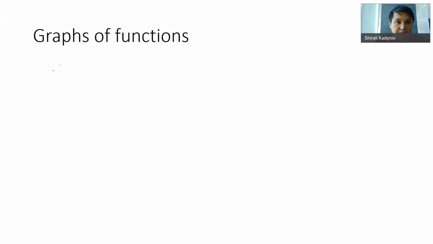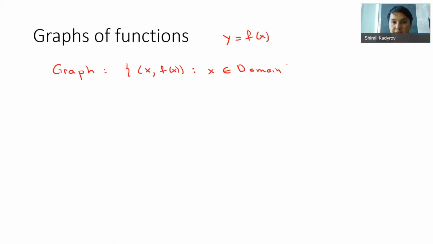So basically, if you have a function y is equal to f of x, then by the graph, we mean all the couples x comma f of x, right? Such that x ranges in its domain, right? In its domain. So that's the graph of a function.